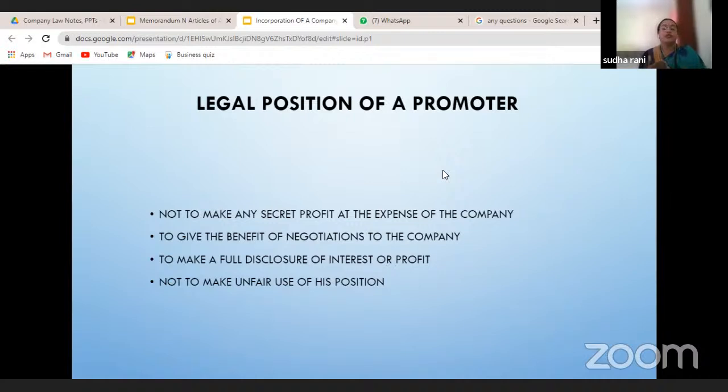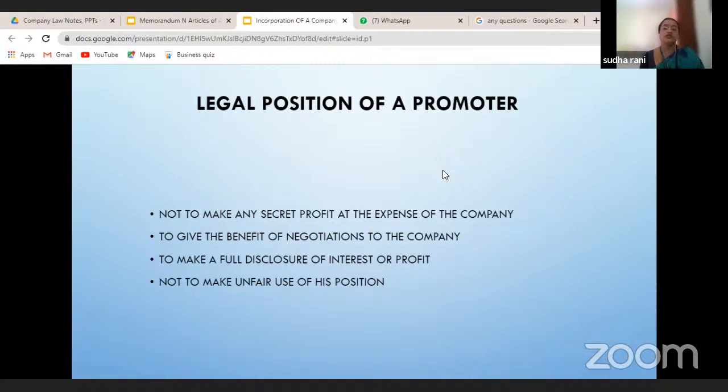He should not think, whether I do it or not, I'll get my commission, my salary, my share. As a promoter, he should think as if it is his own business. He should make all possible negotiations to reduce the cost of expenditure to the company, whatever contracts or dealings he enters into.